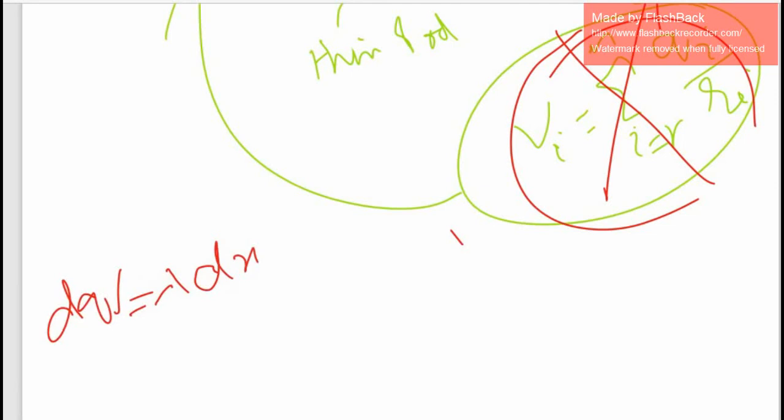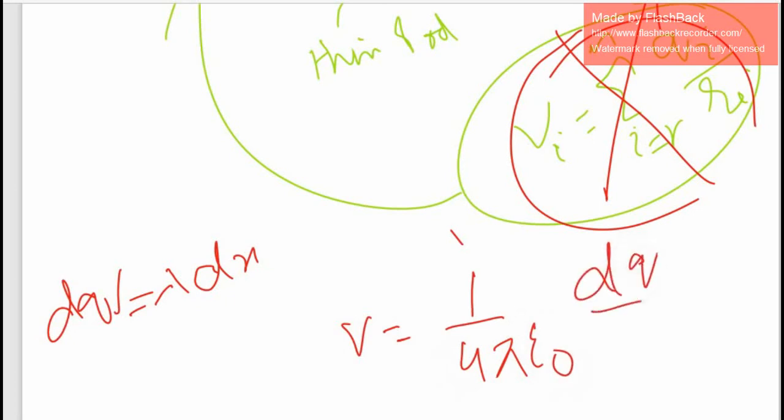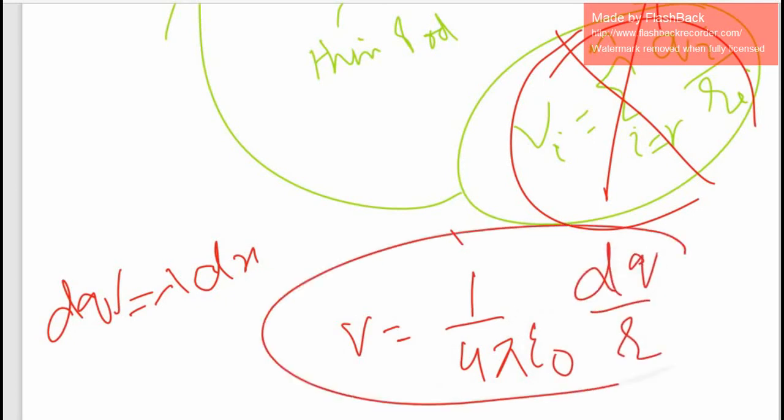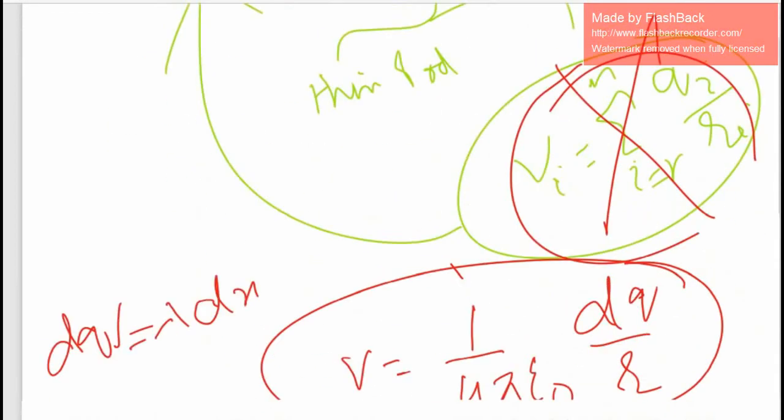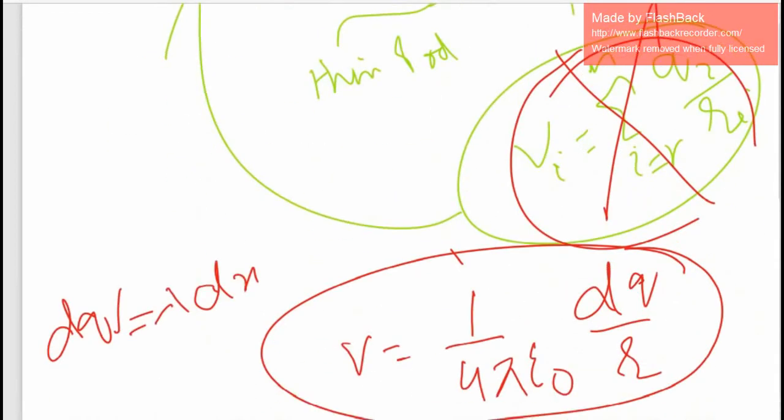Then we use the same formula, V is equal to 1 over 4 pi epsilon naught, dq over r, to calculate the potential due to this continuous charge distribution for lines of charge and for a disk.